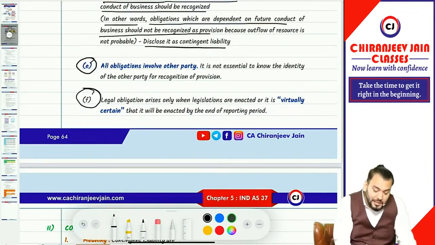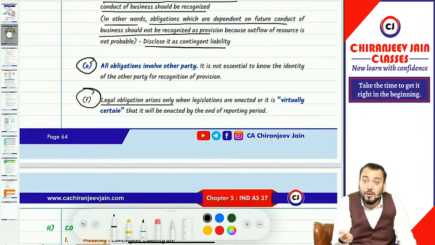Point number F. Legal obligation arises only when legislation is enacted. We are discussing legal obligation.